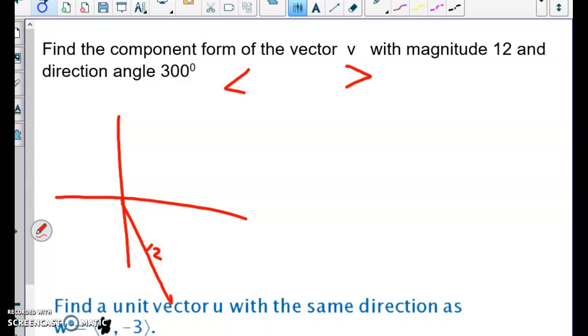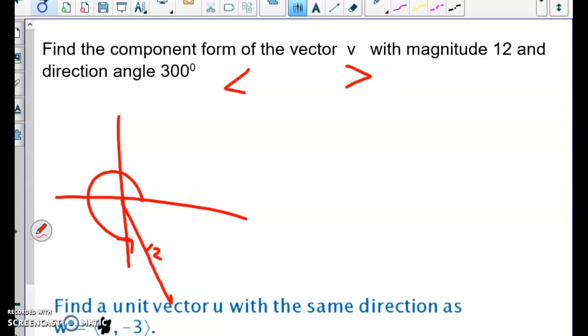Here they're giving me just the length and the direction. There's your 300 degrees. So what I'm going to do is break it down into its x part and its y part.